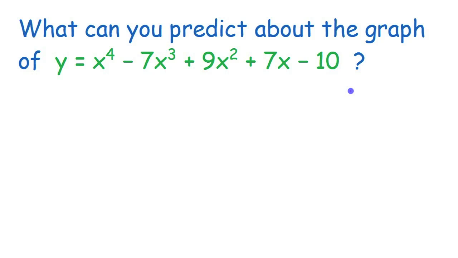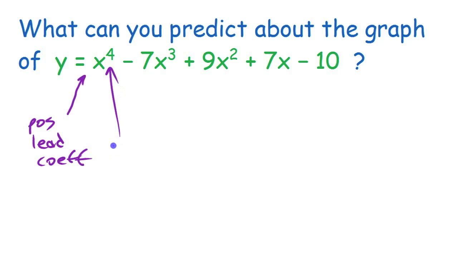We can, of course, get what we know originally about these functions before factoring it from what we've looked at before. The fact that it has a positive leading coefficient, and the fact that it's degree 4, and the fact that this is negative 10 on the end. We know a few things here.